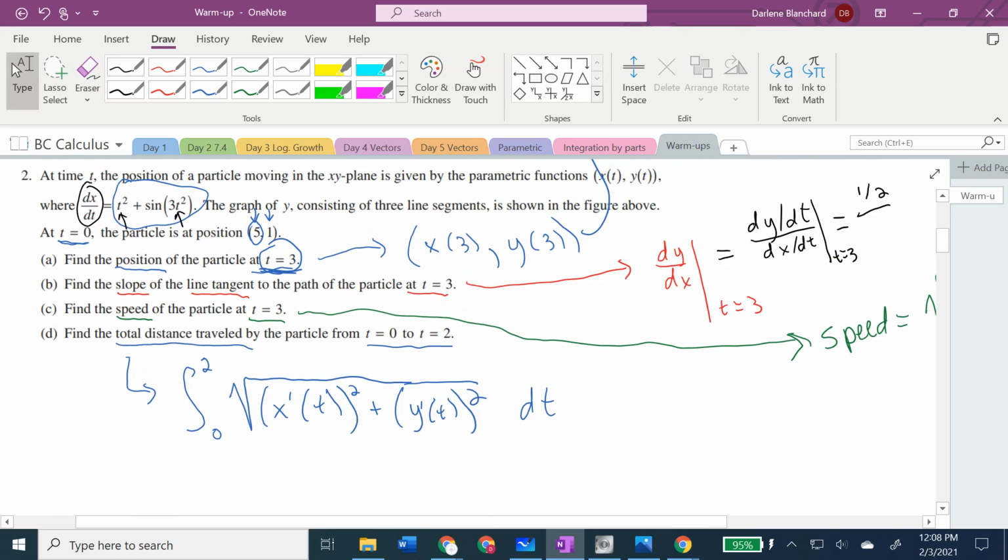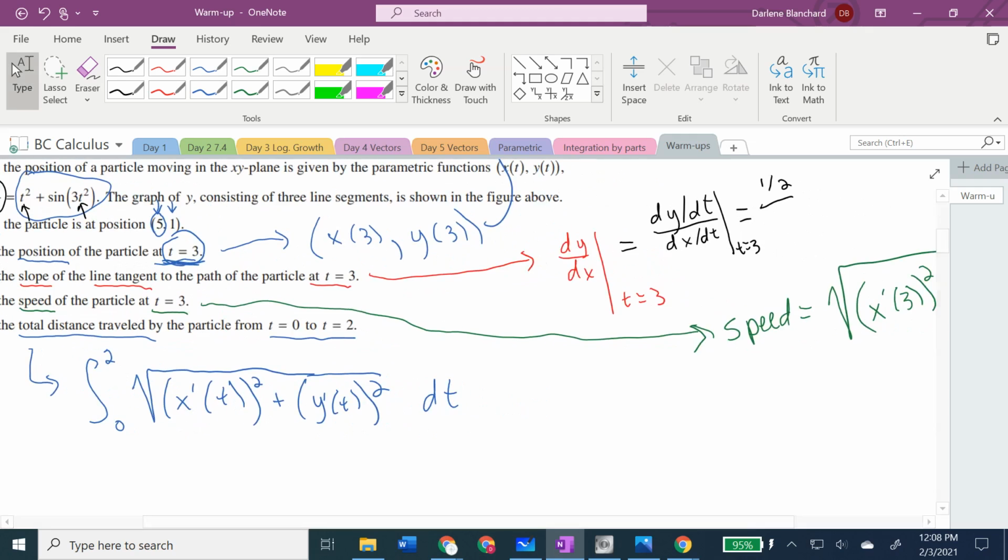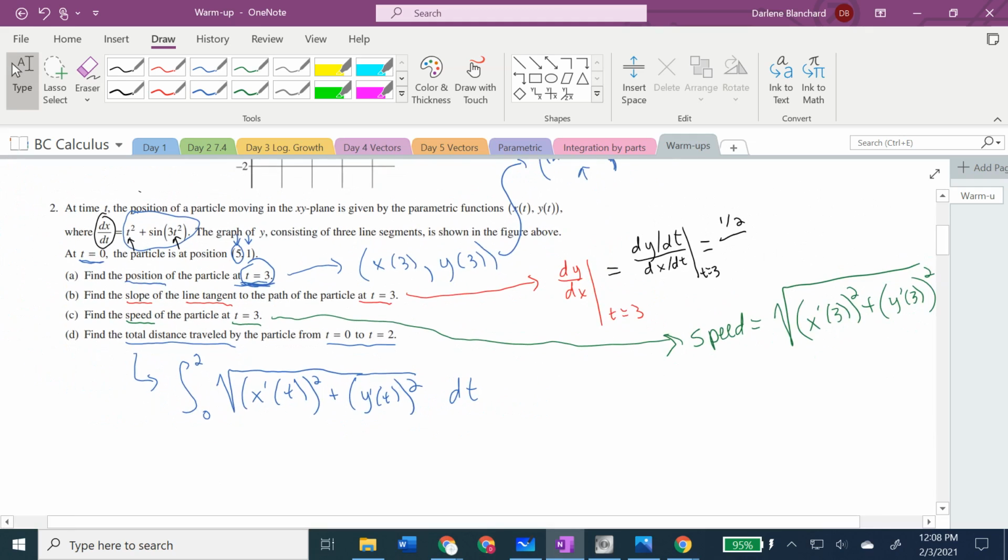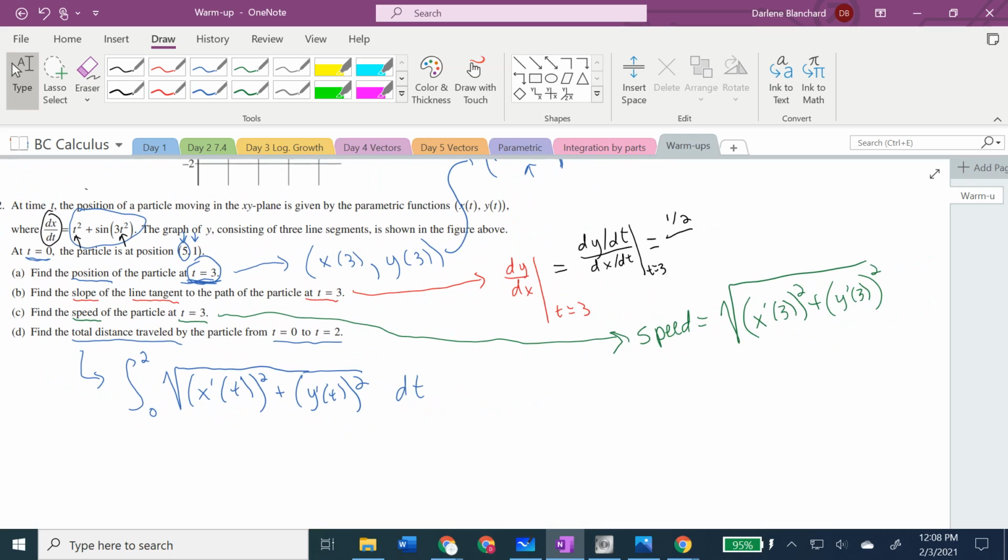Next is part C. Part C is asking about speed. So you want to take a moment to think, what is the speed formula? It's the Pythagorean theorem on the velocity vector. And at time 3 is specifically what I need to know. Now, the AP test loves to do this.